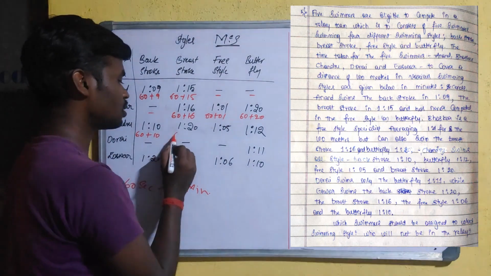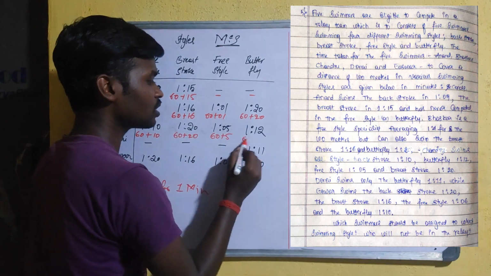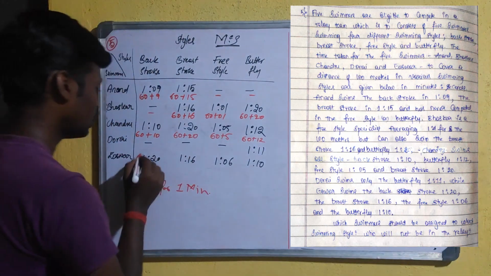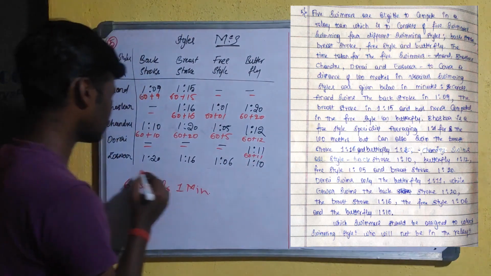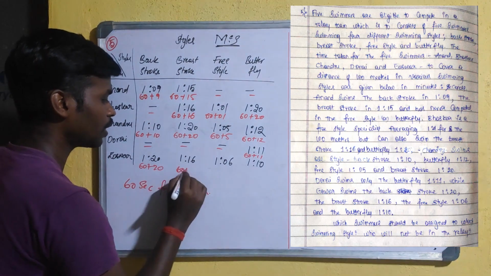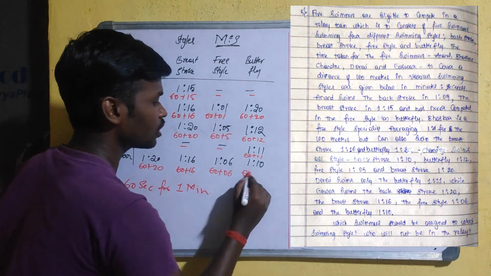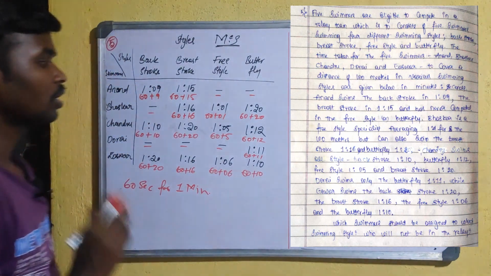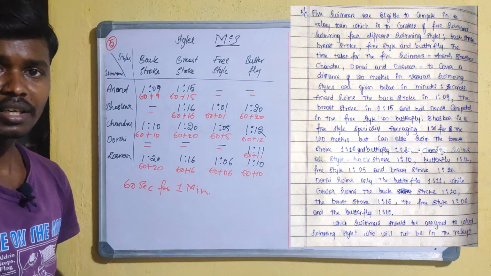Next 1 minute in the sense 60 plus 20, and 60 plus 5, and 60 plus 12. We have to ignore this, and 60 plus 11, 60 plus 20, and 60 plus 16, and 60 plus 6, and 60 plus 10. Okay, now we have to convert this matrix completely into seconds.